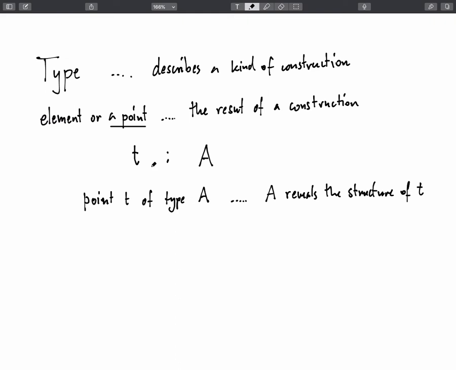So we have types. Think of them as spaces. We have elements. Think of them as points. Let me say a little bit about this notion of element. Why do we call it an element? Let us distinguish between a type of construction and the extension of a type.